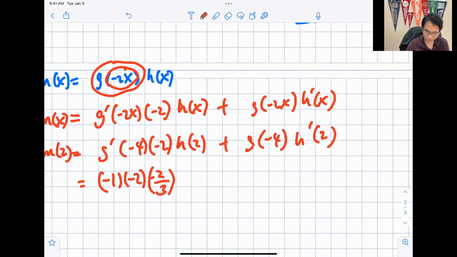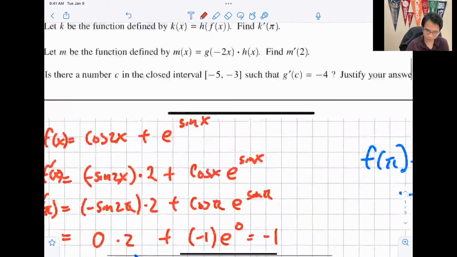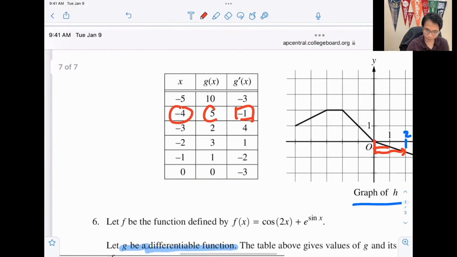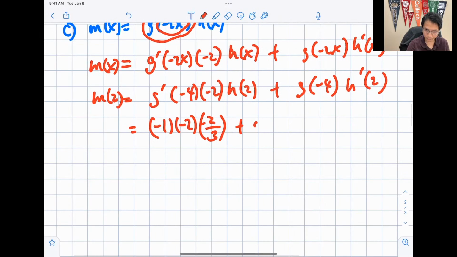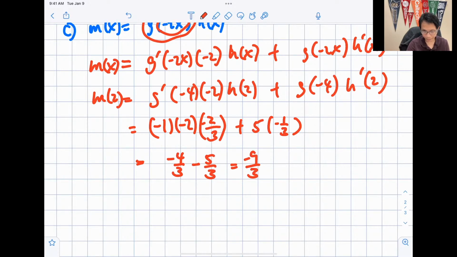And then plus g of negative 4. G of negative 4 is 5. So it's going to be 5 times h prime of 2, which we got before, negative 1/3. So it'd be negative 4/3 minus 5/3 equal to negative 9/3. So the answer is equal to negative 3.